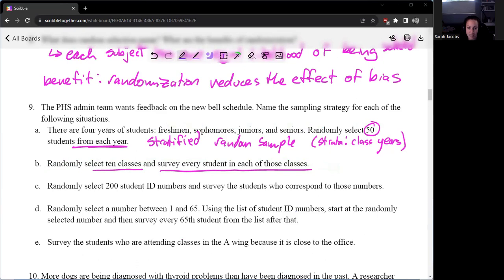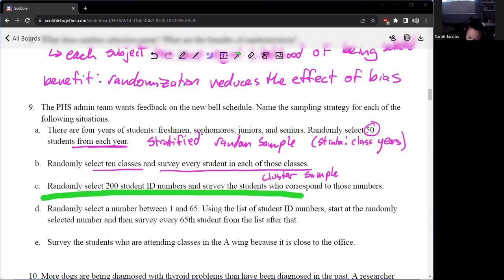So this is a cluster sample because we are surveying all of some of the groups. So we would randomly select 10 classes, again, that randomization to reduce bias, and then surveying every student versus taking some of all the groups.